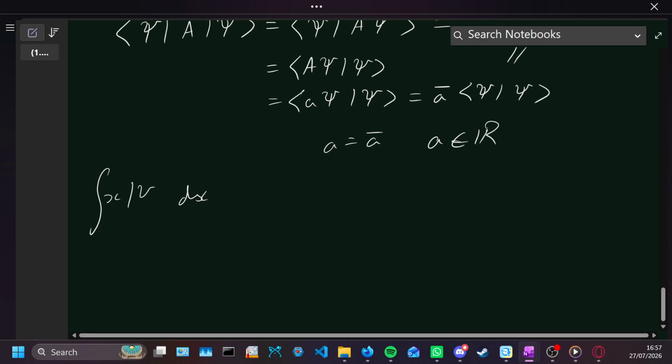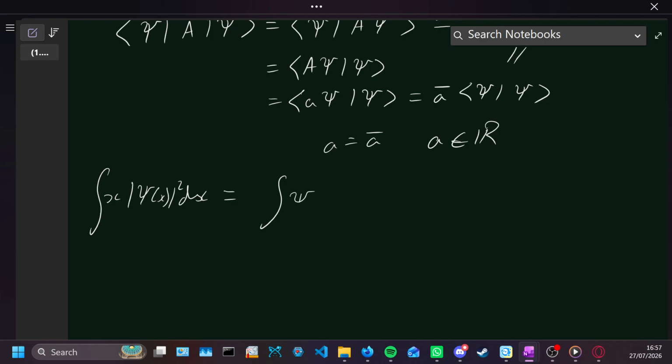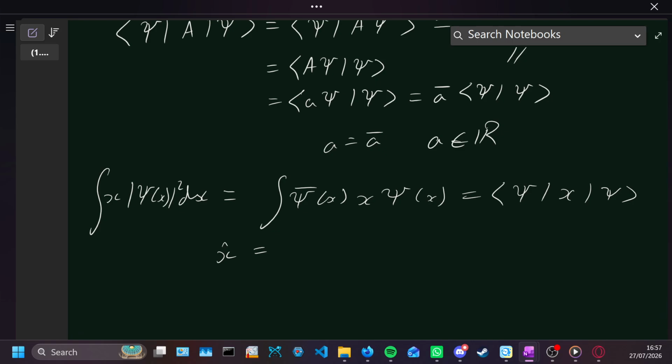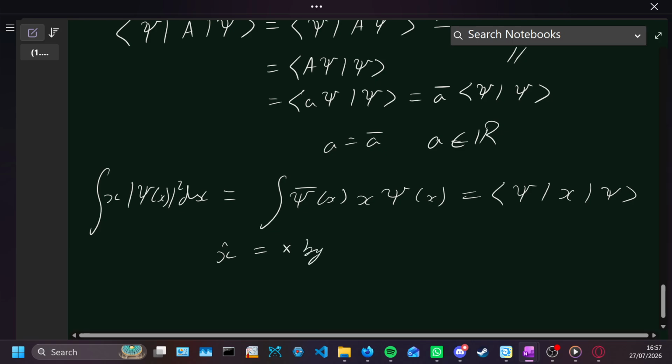We can then put our formula for the probability density function in, and then we can expand out as before. And so the expected value of x is given by that, as expected, if we make the choice that the position operator, I'll write it with a hat just so it isn't as confusing, is essentially equal to multiplying by x.